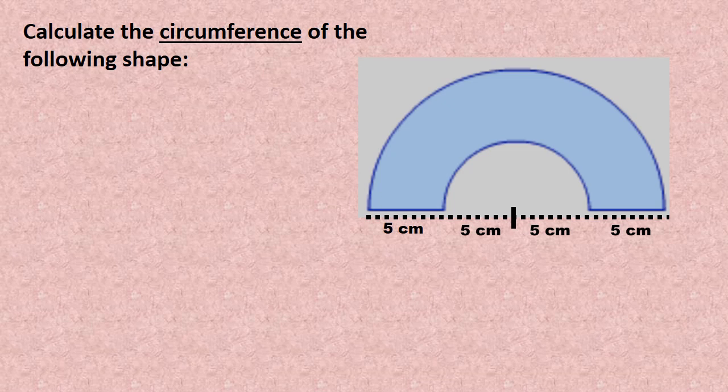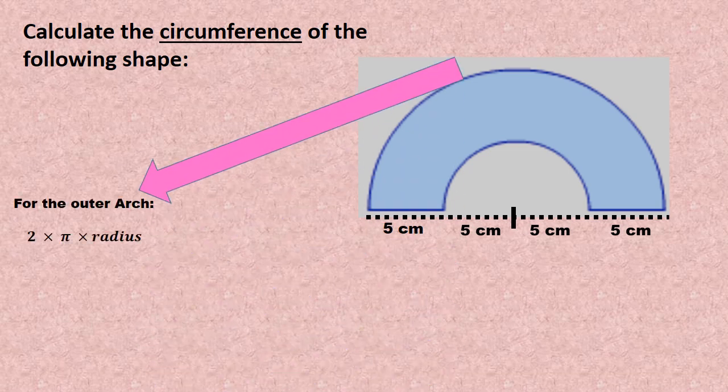If we are working with the big circle, the full circle, what would the full circle's radius be? It would be 10 centimeters, yes, because it goes from the center all the way out. And if you work with the little circle, the smaller white circle, the radius would be 5 centimeters.